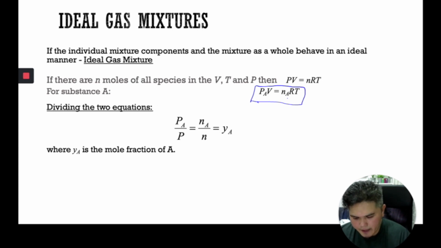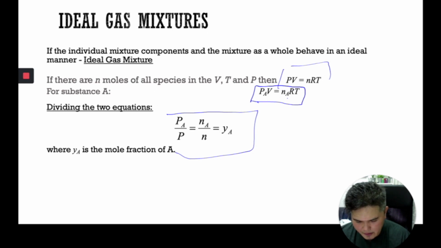When you divide these two equations, PV equals nRT and PAV equals nART, you can simplify everything. V is cancelled out, and temperature is cancelled out because it is the same volume of container at the same temperature. You are left with the partial pressure of A divided by P equals the number of moles of A divided by the total number of moles, which equals YA.